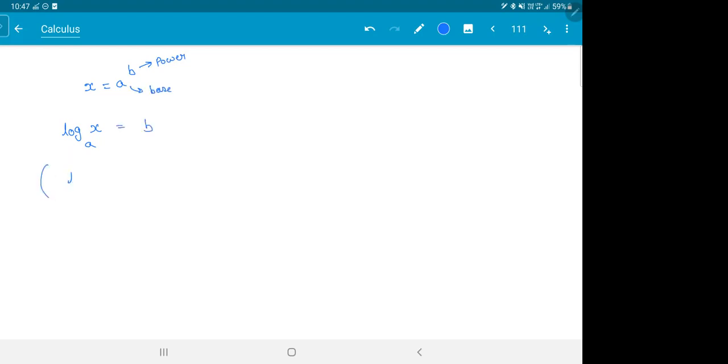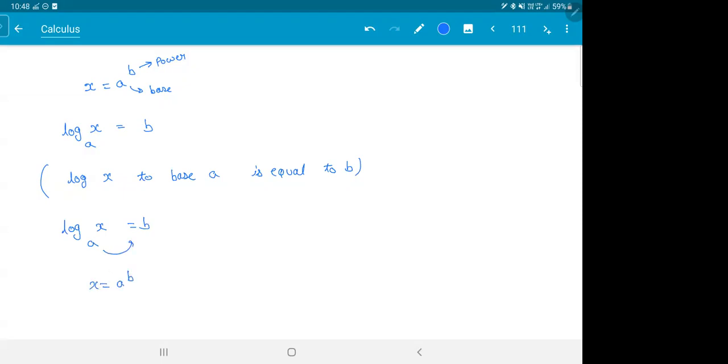This is pronounced: log x to base a is b. So what you did was simply bring that a to the bottom, and it became the base. So log x to the base a is b. That means if you send a to that side, you get x is equal to a power b.